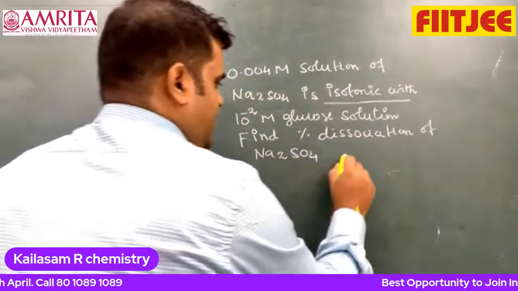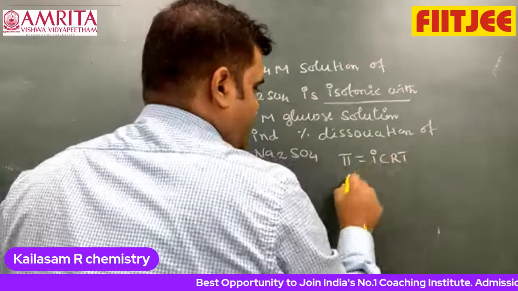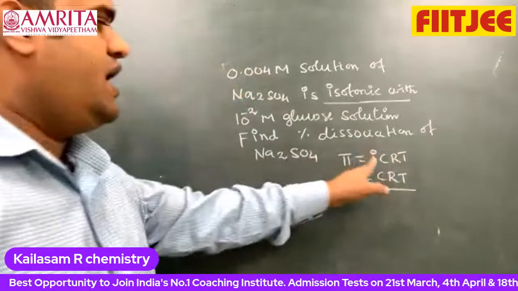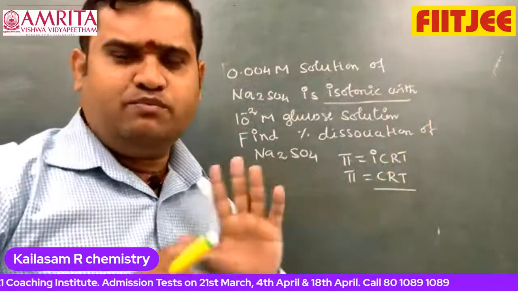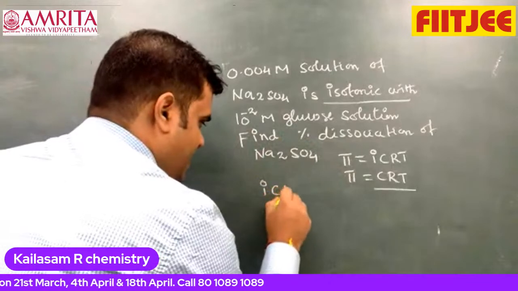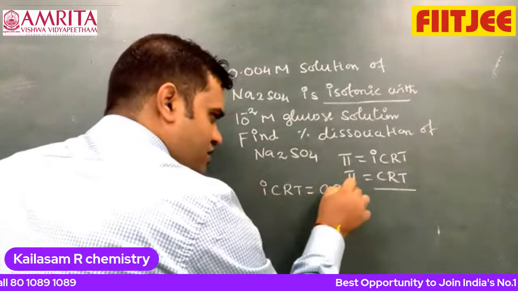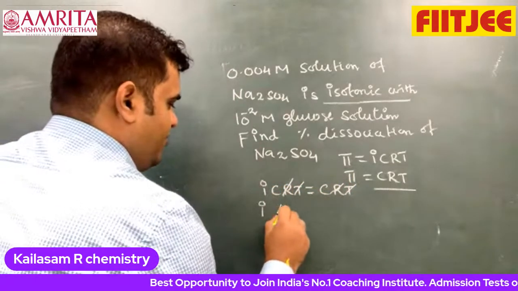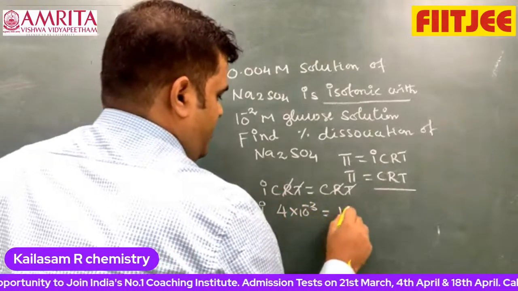Therefore, we can write π = CRT for glucose, and π = iCRT for Na2SO4. Both will be isotonic. That means I can write iCRT is equal to CRT. Therefore, this RT cancels out. I can write that 4 into 10 power minus 3 times i must be equal to 10 power minus 2.